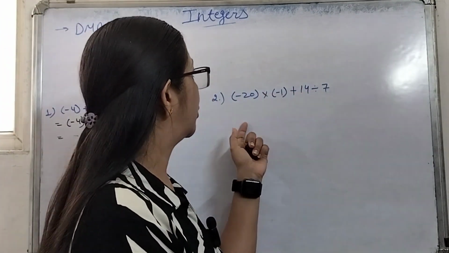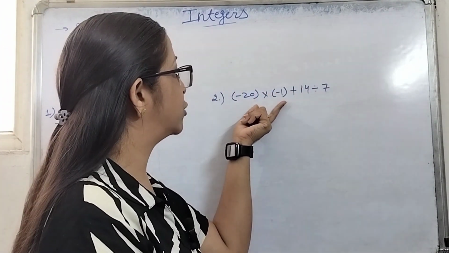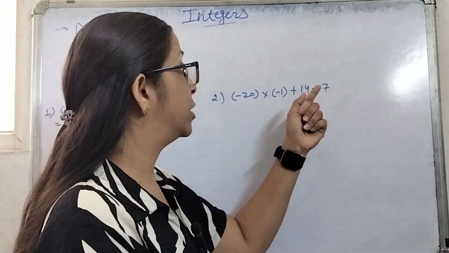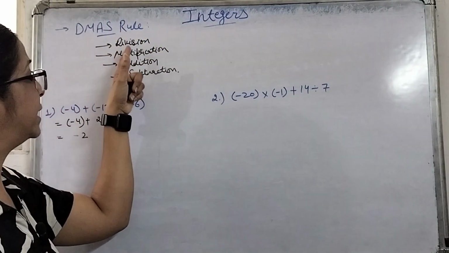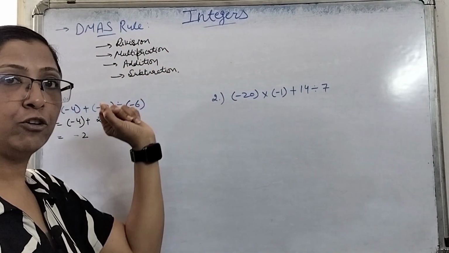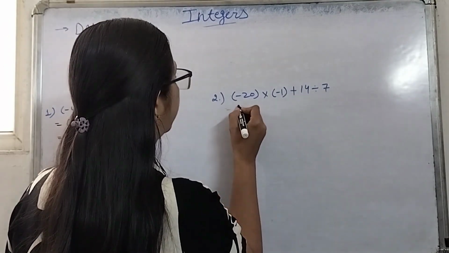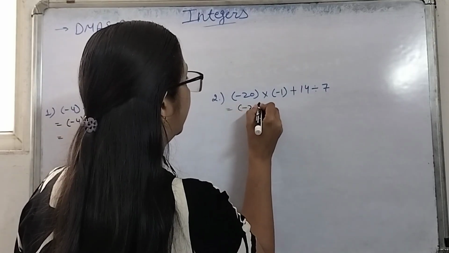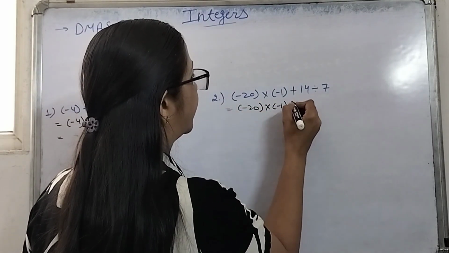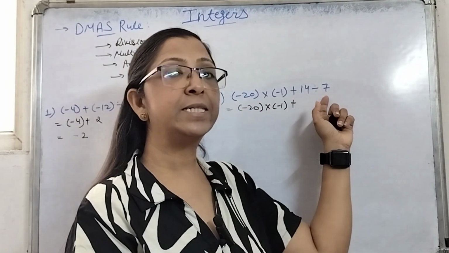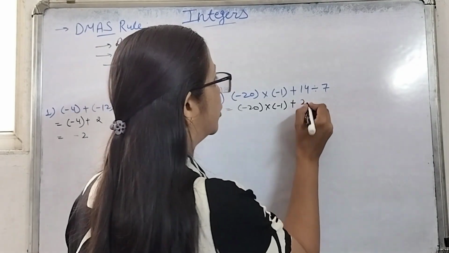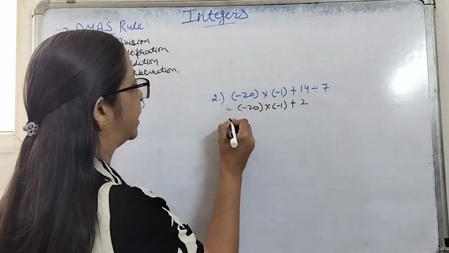Now the second question has multiplication of two numbers and division of two numbers. First we will divide and then we will do the multiplication. So in minus 20 multiplied by minus 1 plus 14 divided by 7, 14 divided by 7 will be 2. Now we will multiply.